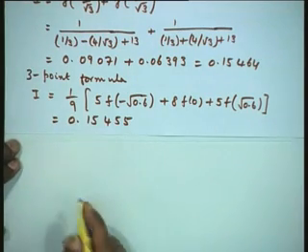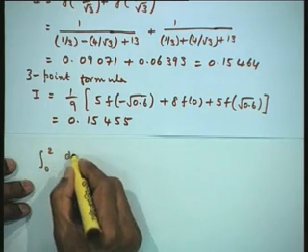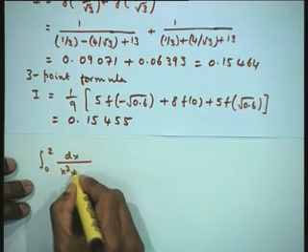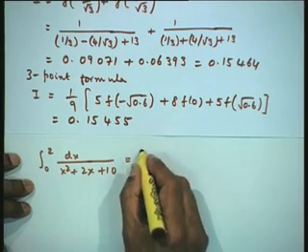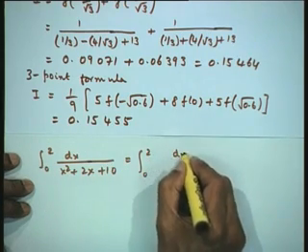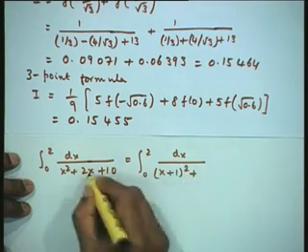Now, let us try to find the exact solution of the problem. Our integral is 0 to 2 dx upon x square plus 2x plus 10. This I can very easily write as dx upon x plus 1 whole squared plus 9.